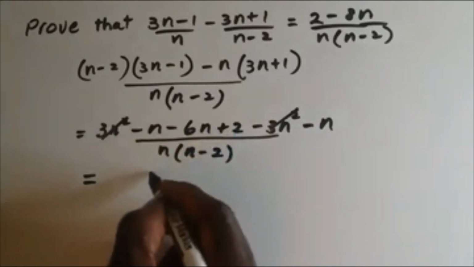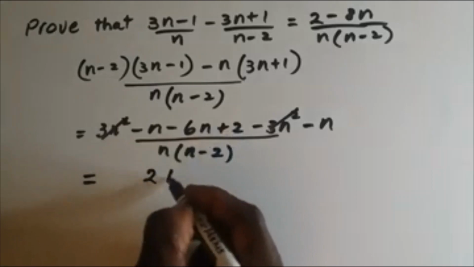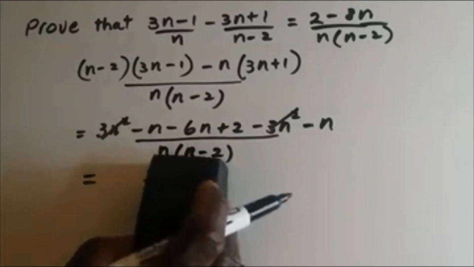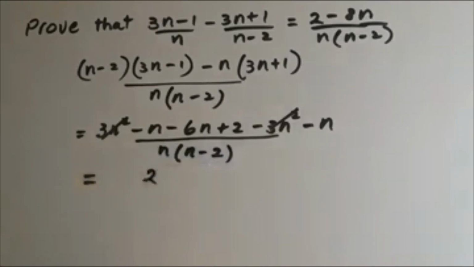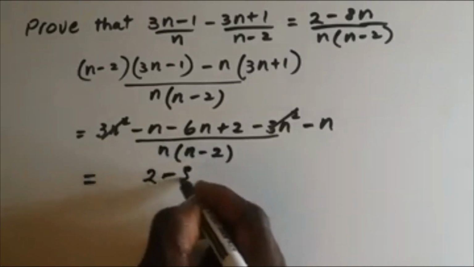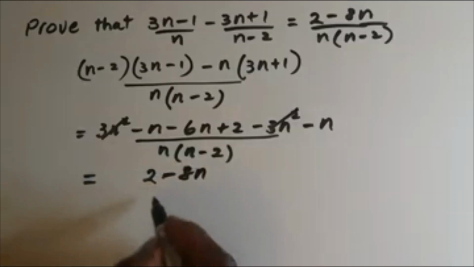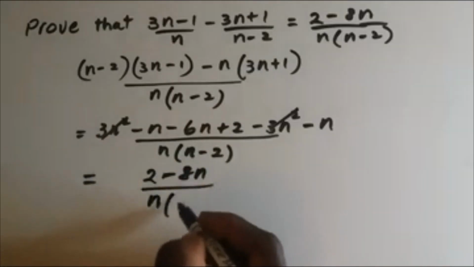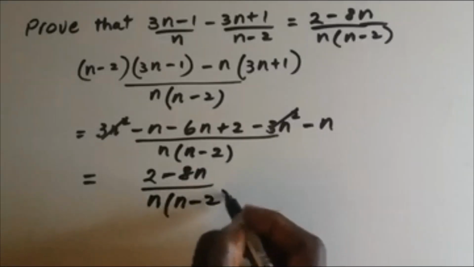So our numerator now is 2 minus 8n, I'm sorry, not 2 add. Our denominator remains the same, n into n minus 2.